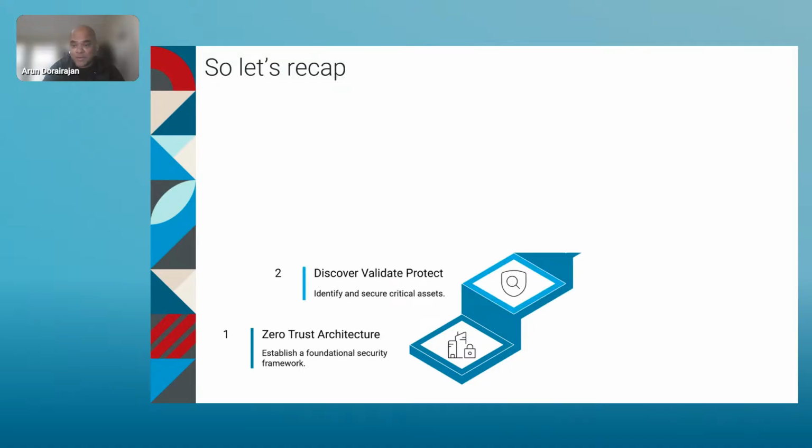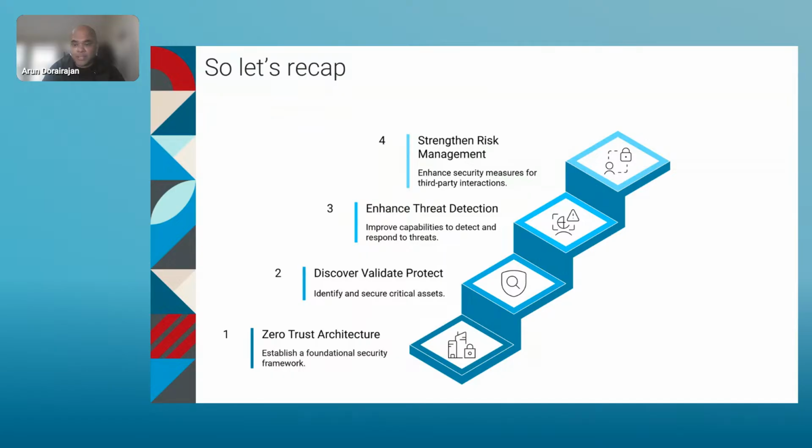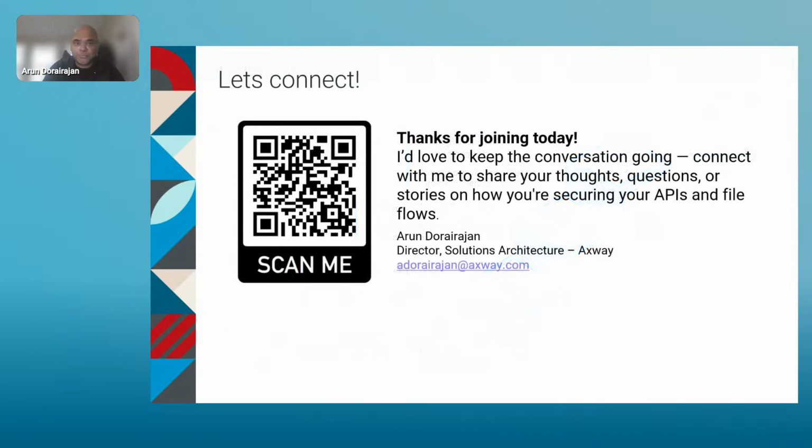Step 2, discover, validate, and protect. Step 3, enhance threat detection. And finally, step 4, strengthen your third-party risk assessment. With Axway, you will gain visibility into external connections, enforce zero trust at the edge, and mitigate third-party risk without slowing your business down.